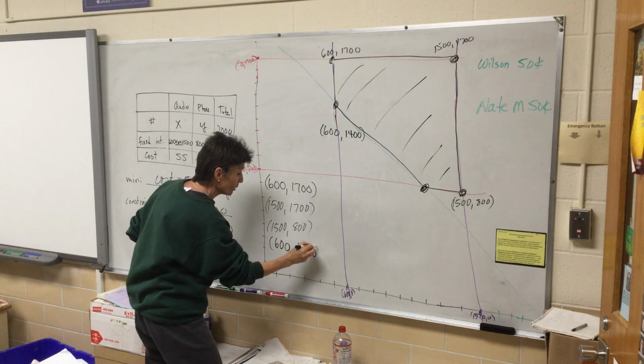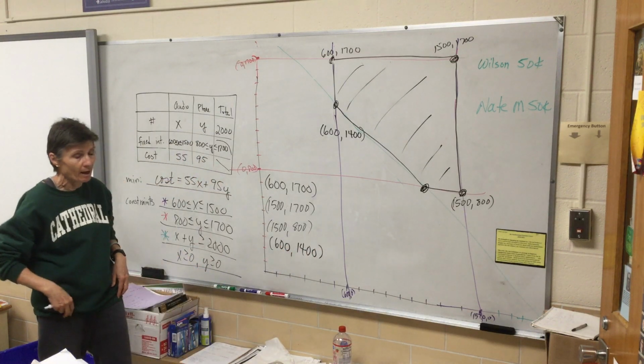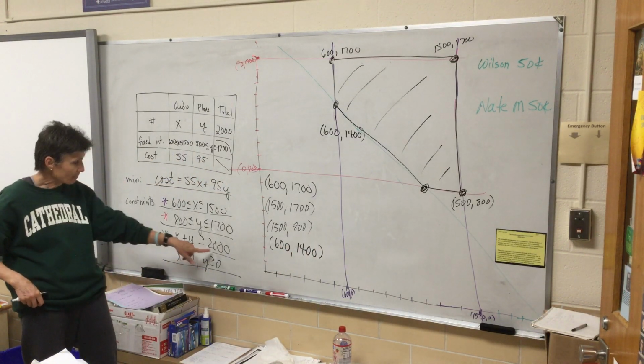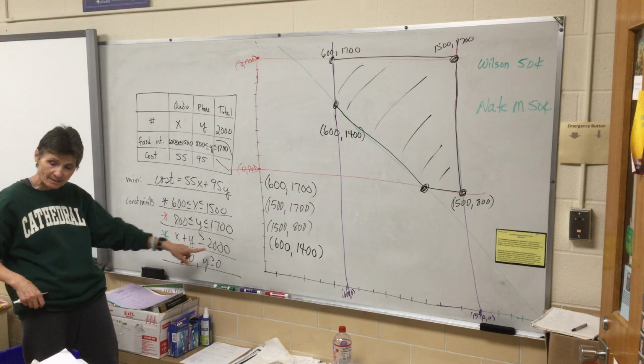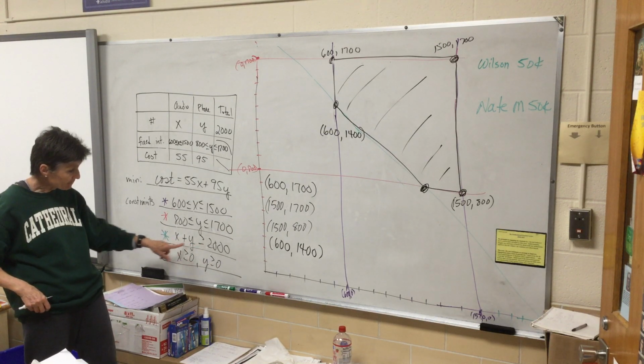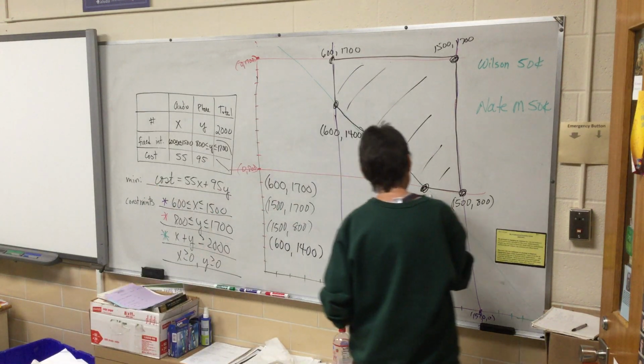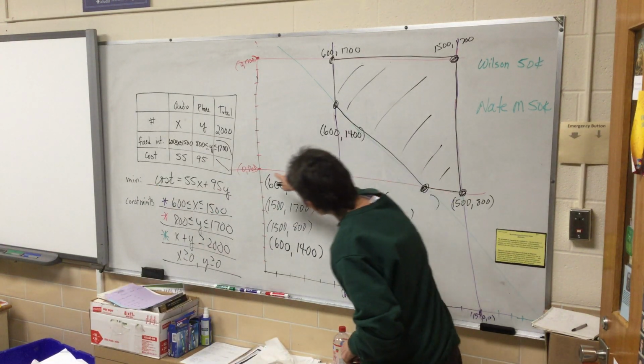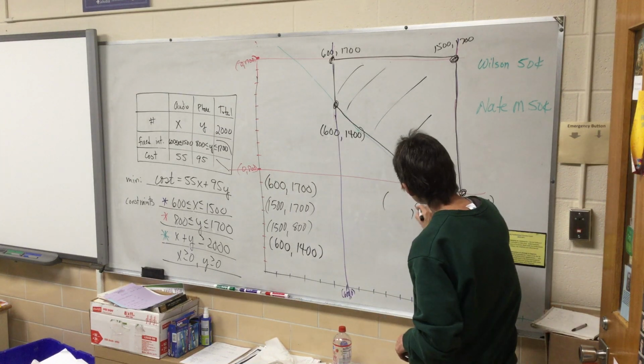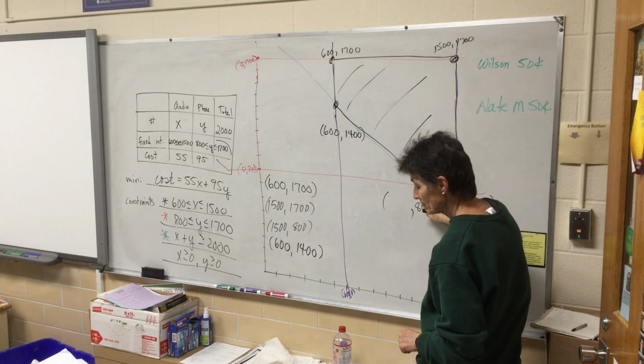Because if you are looking at a point on the green line, they have to add up to 2000. That's what the green line says. They add up to 2000. So this one, we can do the same thing. This one's on the red line, which means its Y is 800.